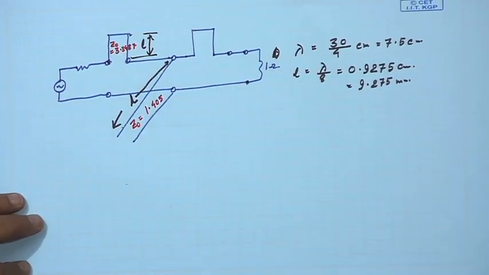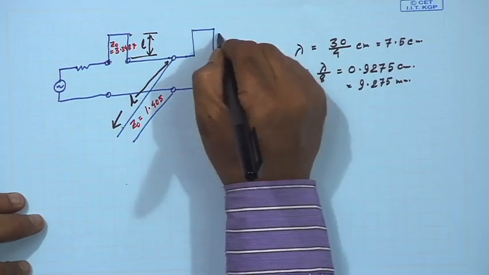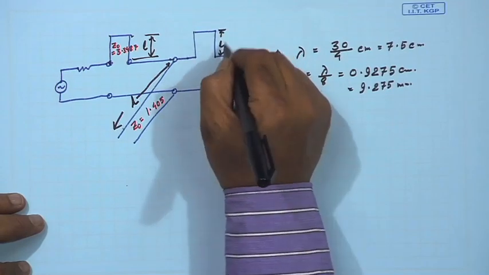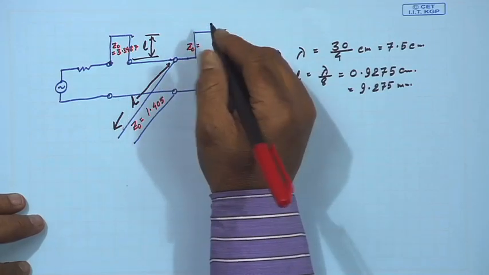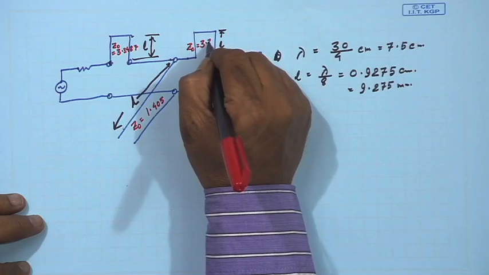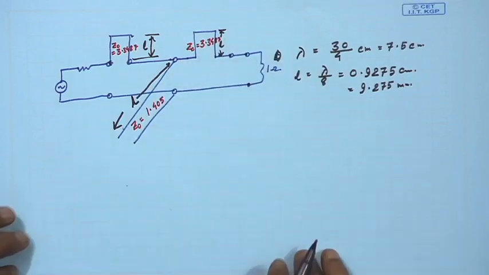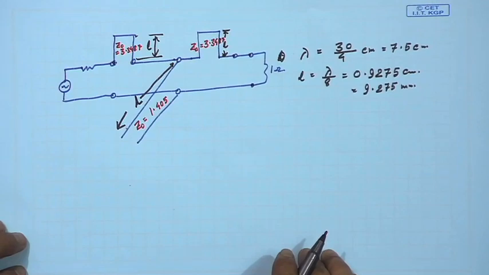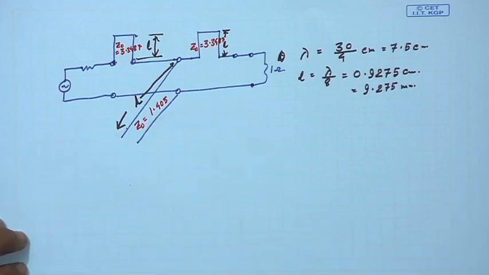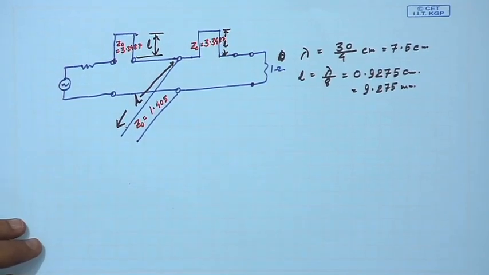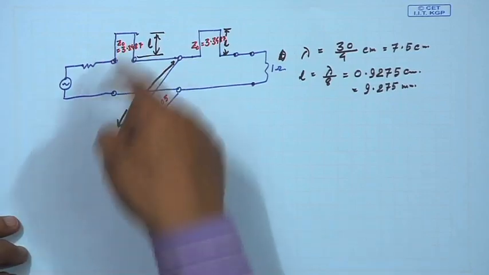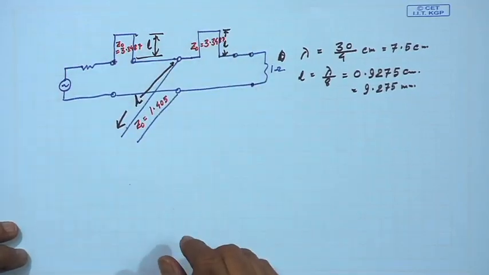Let me say that this is L and this Z naught is 3.3487. So, now this is after the Richards transformation.